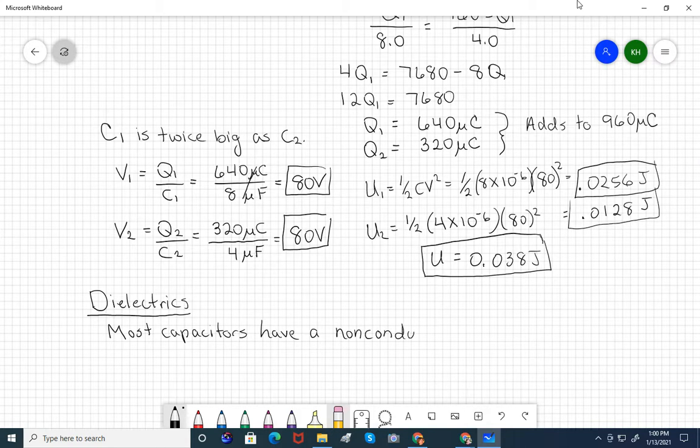Another word for a non-conducting material would be an insulator, or another word is a dielectric. So a dielectric is a non-conducting material between the plates.